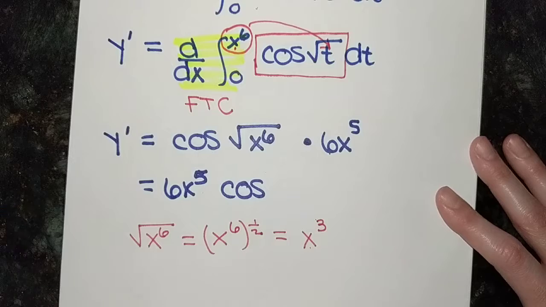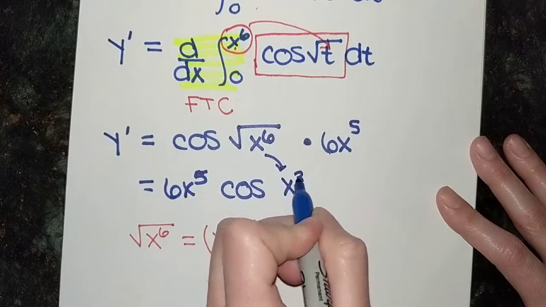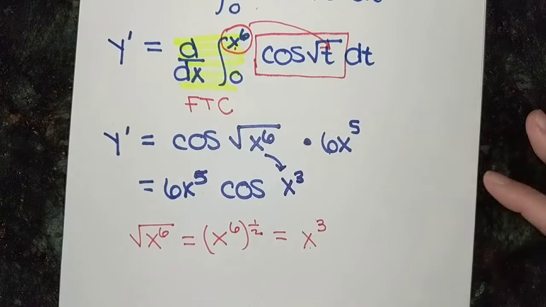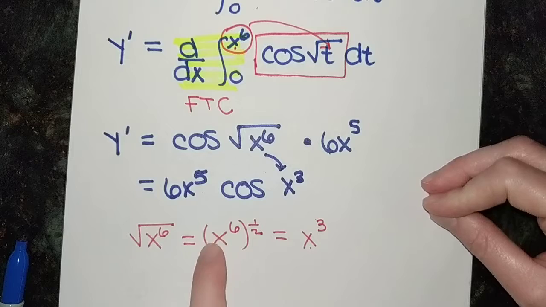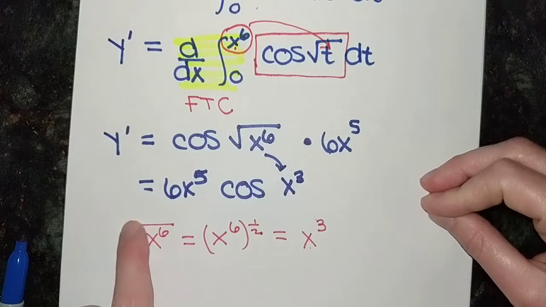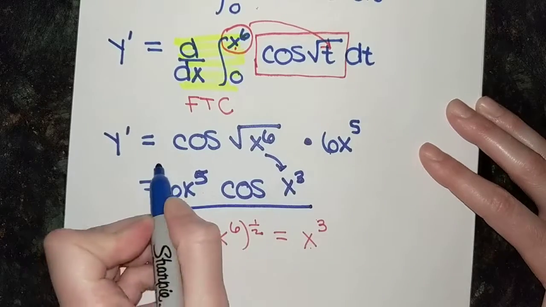So this is going to simplify out as cosine x to the 3rd, and that's by your radical properties, the fact that the square root of x to the 6 could also be written as x to the 6 with the radical being your 1/2 power. Okay, so this would be your final answer.